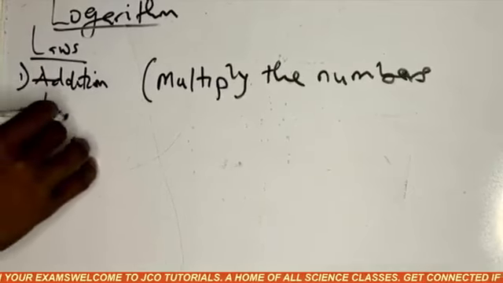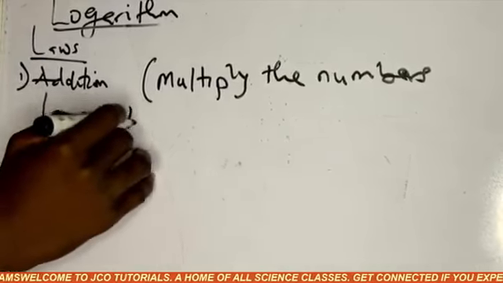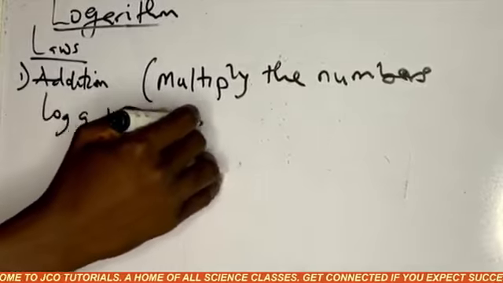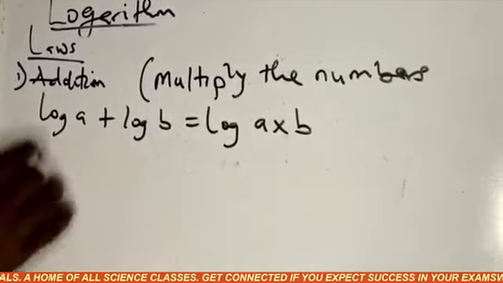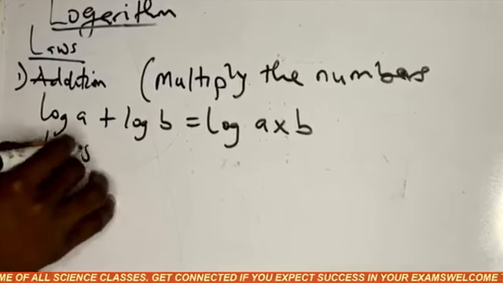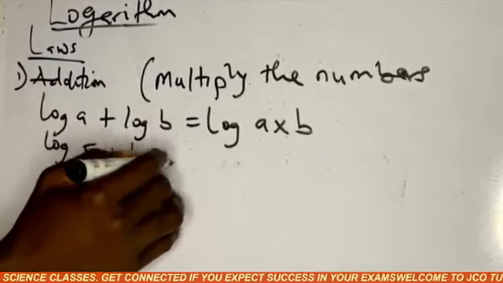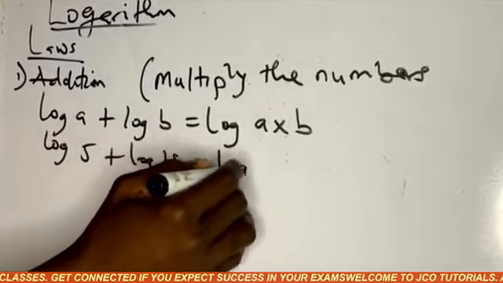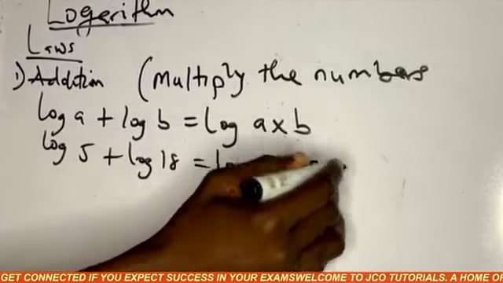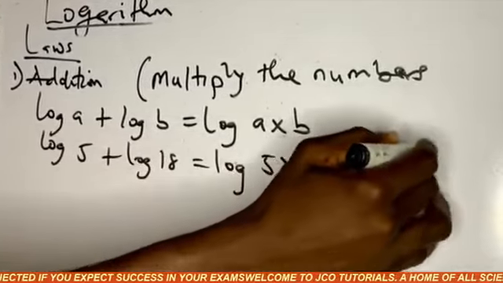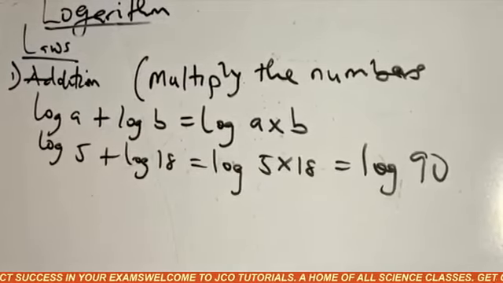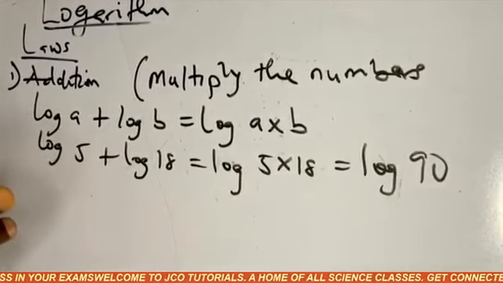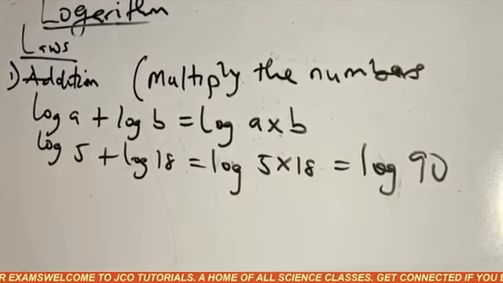If I have log a plus log b, I have to do log a times b. Log 5 plus log 18, I have to do log 5 times 18. That gives me log 90. Are you seeing it now? So that's how the addition law works.